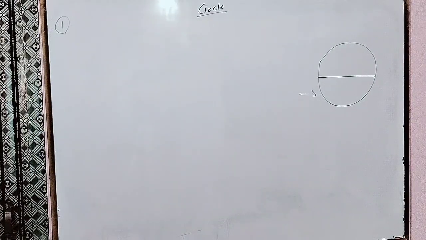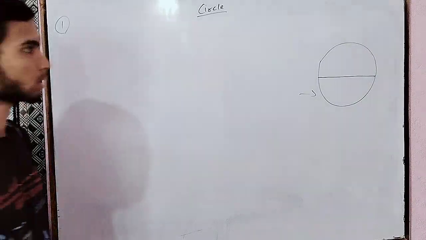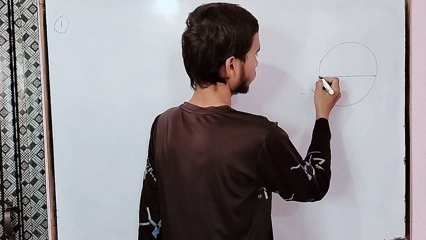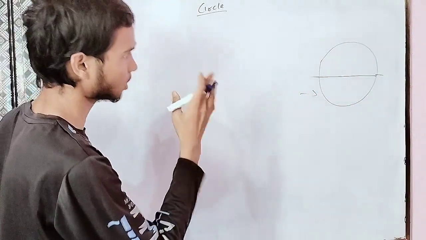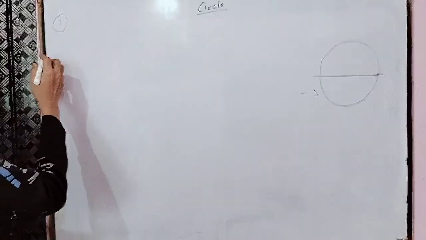From this it will form a semicircle, which means half part of the circle.